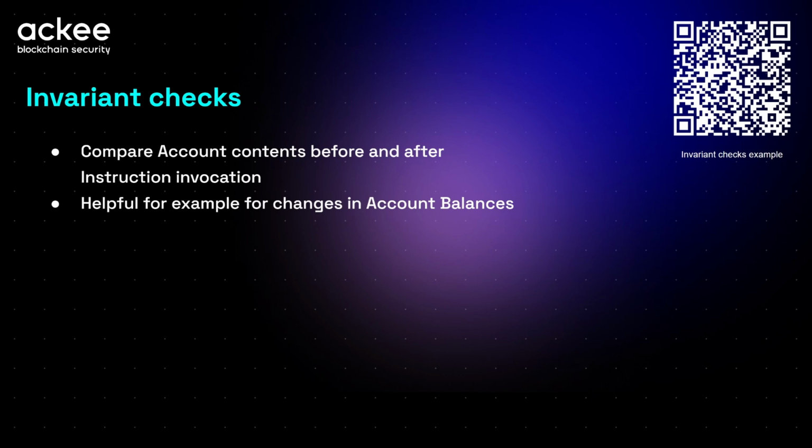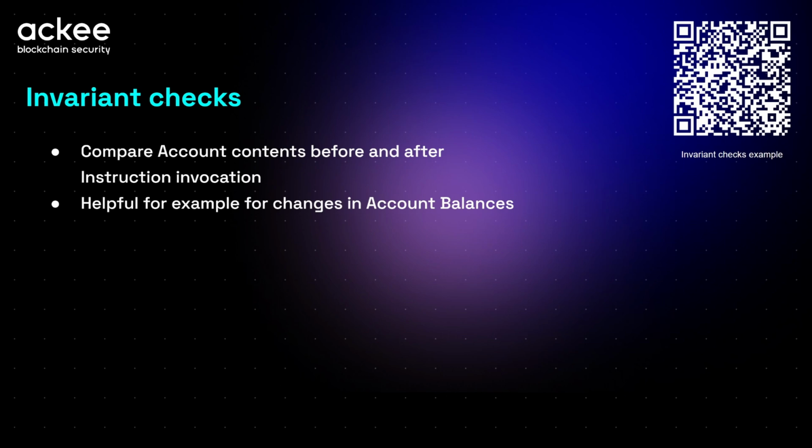This can be particularly helpful when you want to compare account contents before and after the instruction invocation. That means not only can you discover panics within your Solana program, but let's say your program also transfers tokens, and you would like to compare if this transfer was performed as expected.